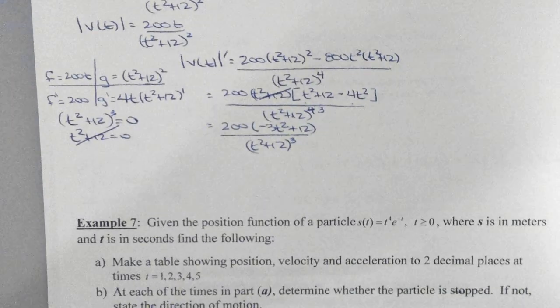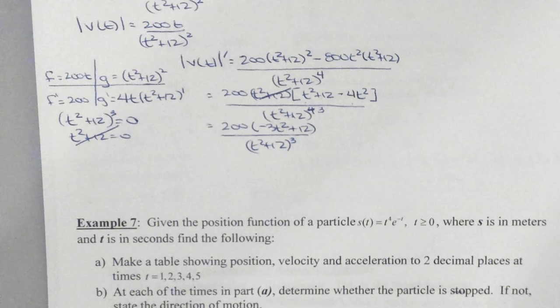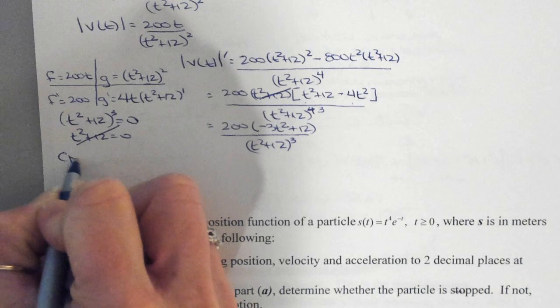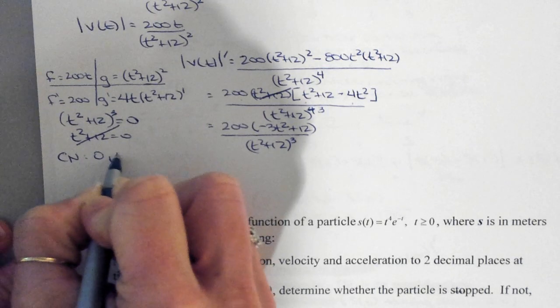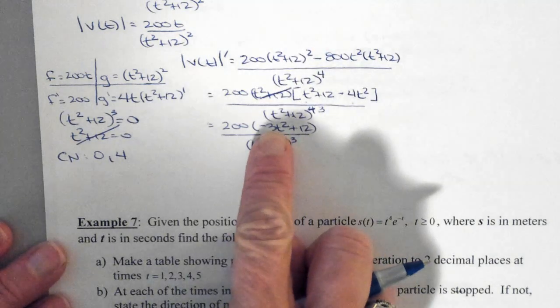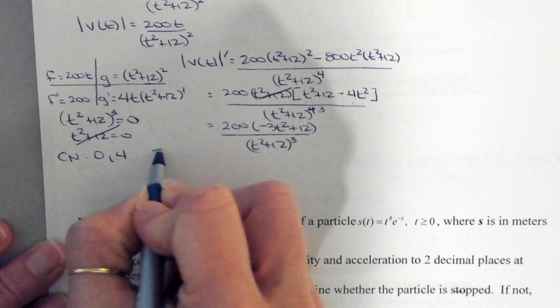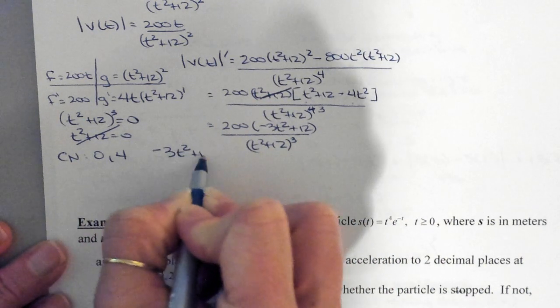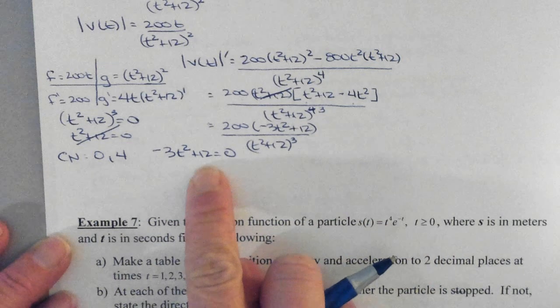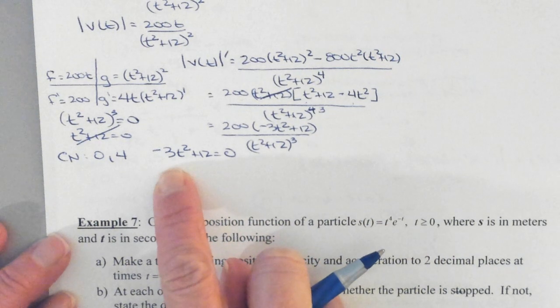Okay, look at your time frame from where to where. Go back to the top of the problem. From 0 to 4. So critical numbers, we've got from 0 to 4, and then I need to set this negative 3t squared plus 12 equal to 0. Subtract 12, divide by negative 3. What does it give you?